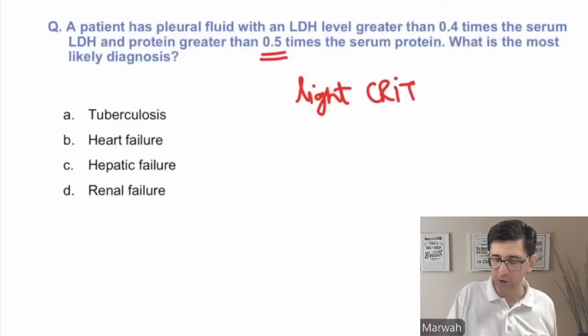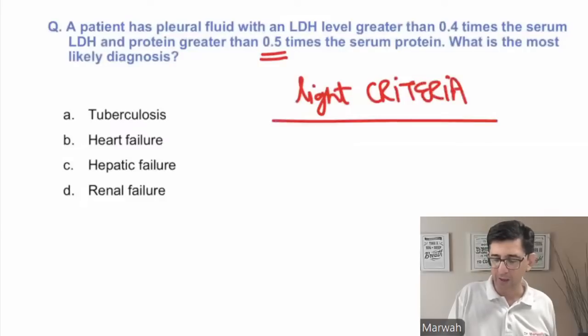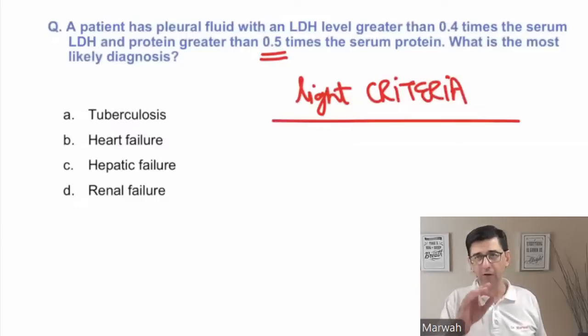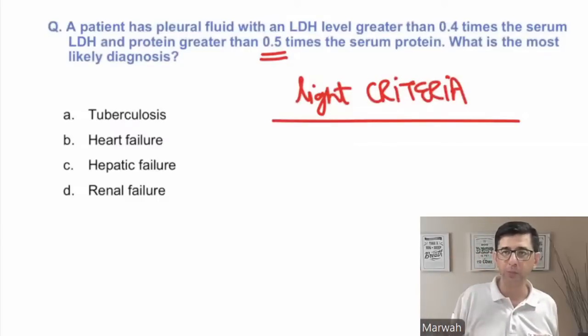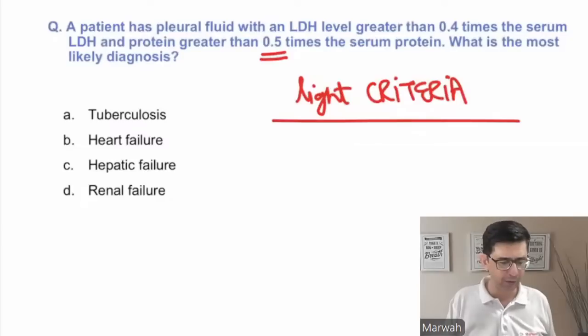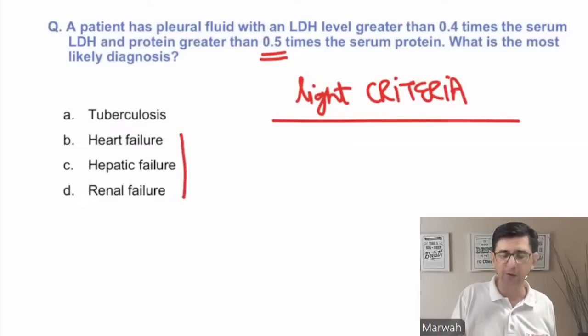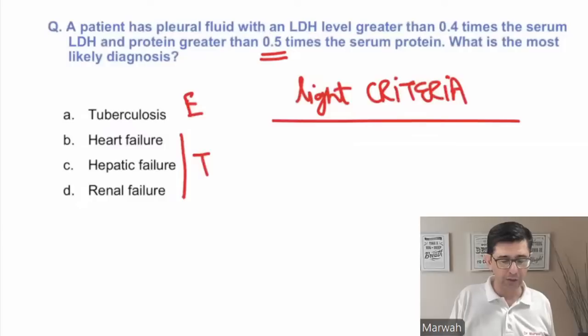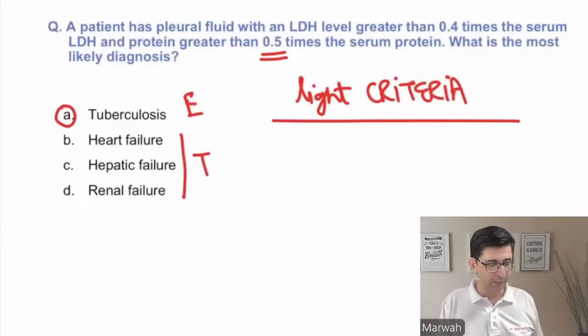It is not that all should be more. It is like 0.5, 0.6 and 2 by 3. Heart failure, hepatic failure, renal failure, they all contribute to a transudate, and tuberculosis would contribute to an exudate. So this would be a presentation of tuberculosis.